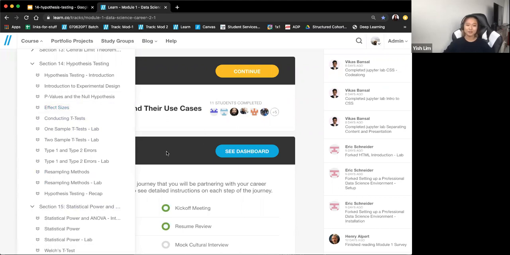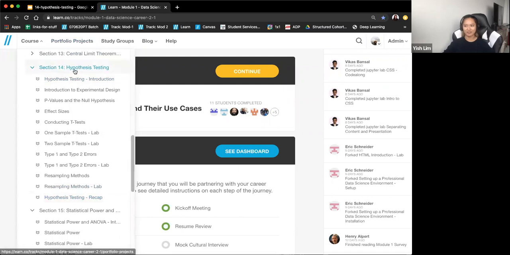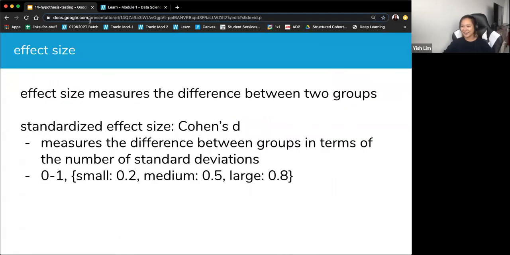But the main labs for this section are the t-test labs and the type 1, type 2 error labs. Resampling methods is very interesting to read. Definitely read it if you have the time, but it's not a priority for this section. All right, sorry for that massive detour.